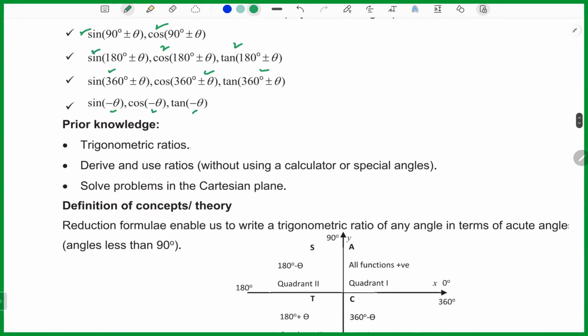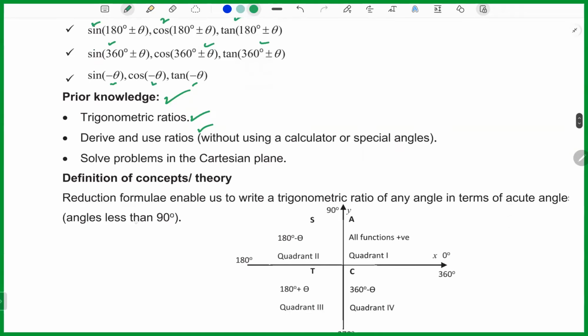Prior knowledge, obviously, that you need to have is on trigonometric ratios. You've already done how to derive and use trigonometric ratios. There are some identities that are involved. Problems in the Cartesian plane. We have learned how to sketch in the Cartesian plane, how to position our triangle, etc., in the Cartesian plane.